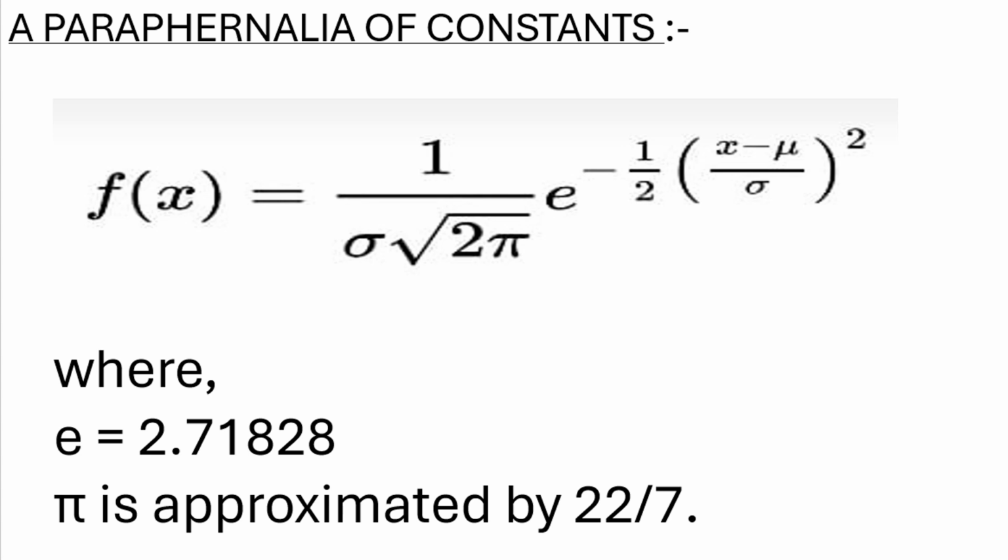There are many constants like e, which is known as Euler's constant. There is this pi, which is approximated by 22 by 7. We have this square root 2. We have this minus half to the power of e. So what role do these constants play in this normal distribution?